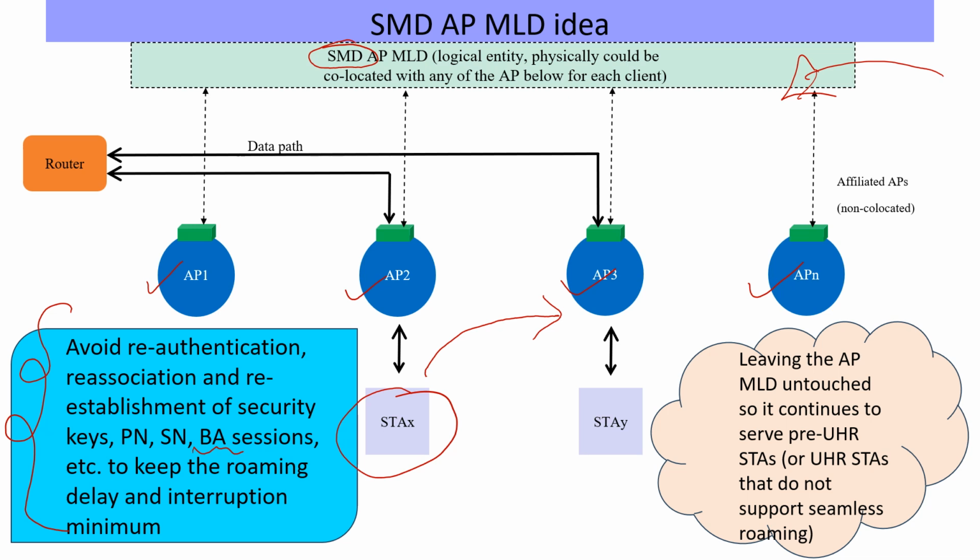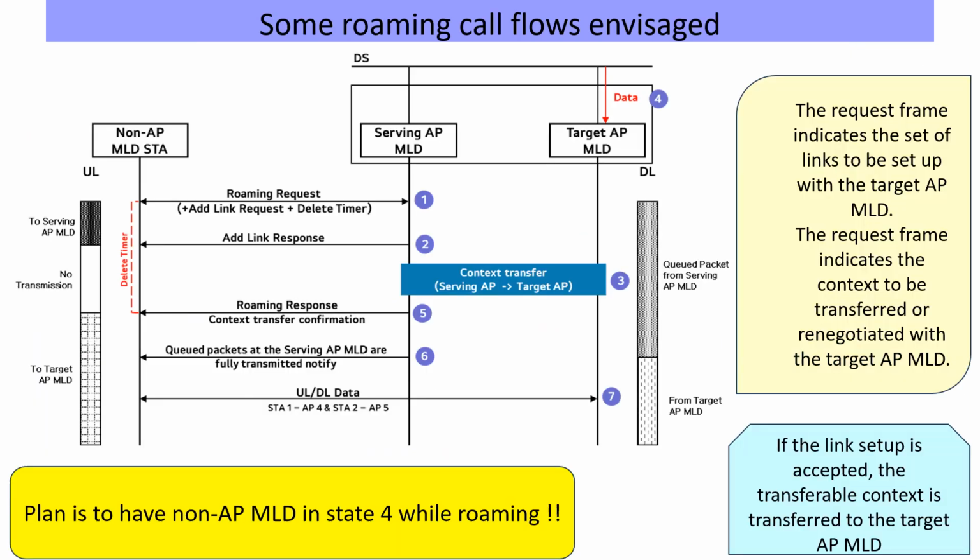And remember, with UHR, roaming has taken on a lot of significance. So what are some effective steps that we are likely to see in the protocol? As I said, we are looking at MLD to MLD. Now we have new frames which are likely to be brought in, like roaming request and roaming response.